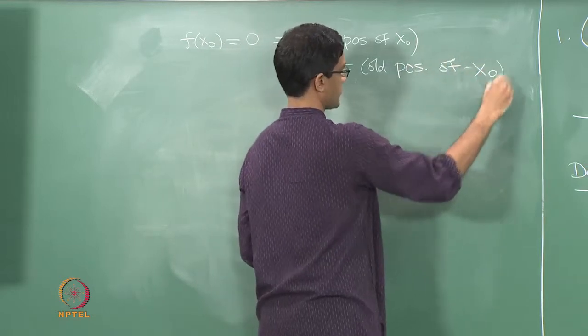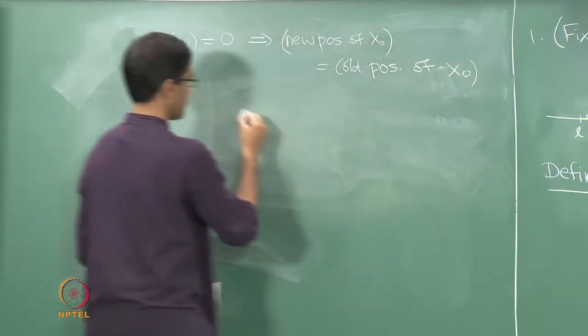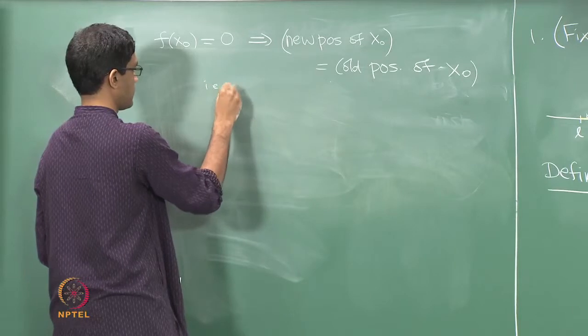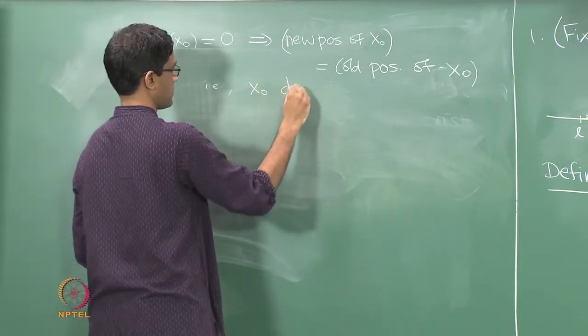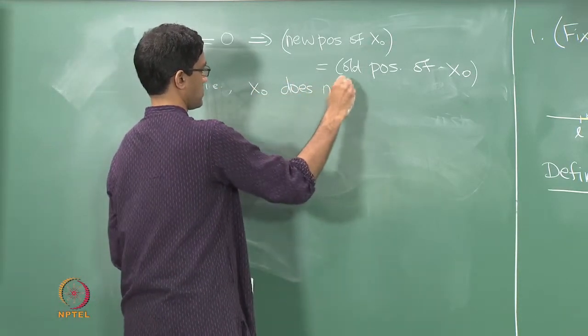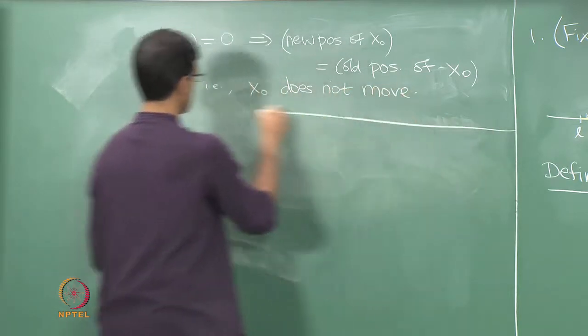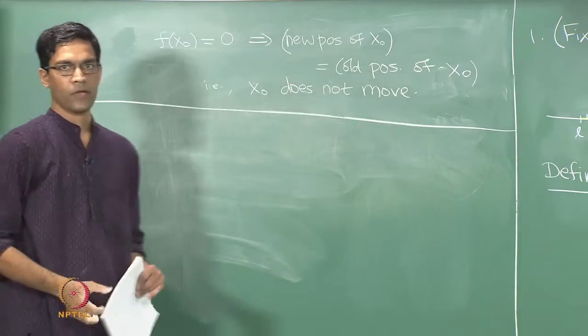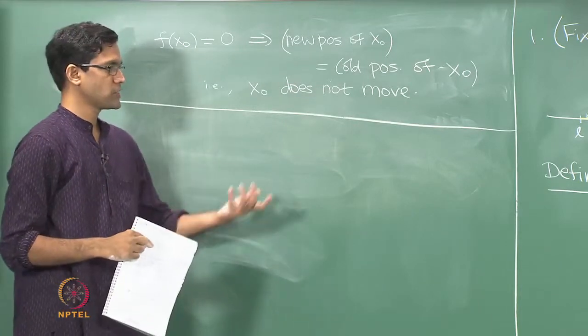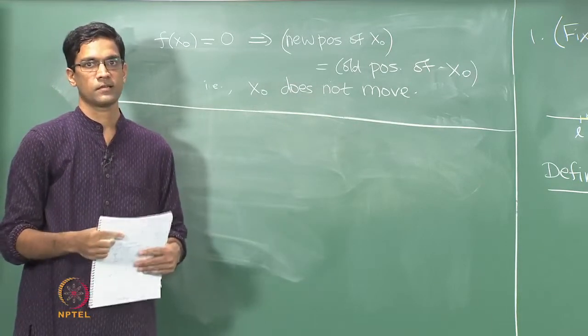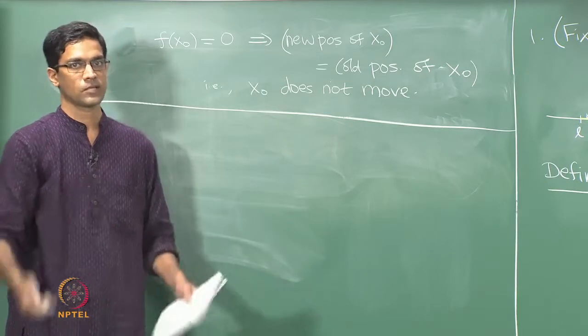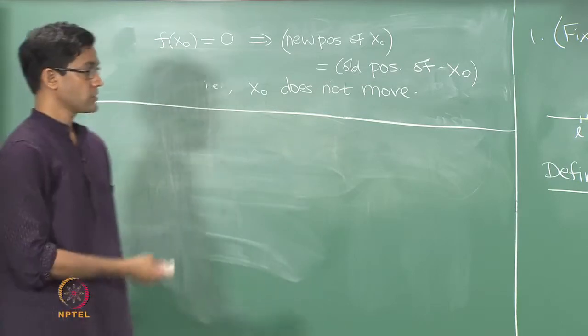In other words, x naught does not move, and that's exactly what we wanted to prove. Okay. So this is often called a fixed point theorem, which says that there is a point which is fixed under some transformation. So here's the first example.